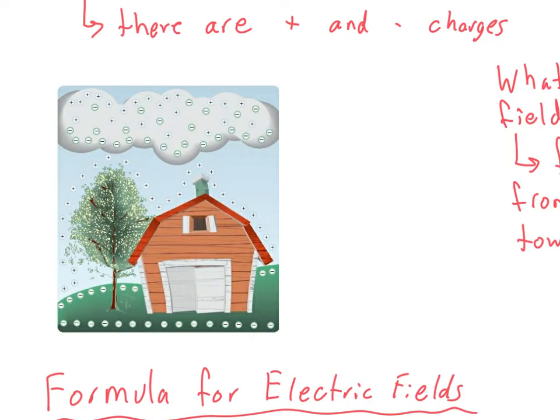We have a cloud up in the sky, and the important thing to realize is that at the bottom of this cloud you see largely negative charges. Relative to those negative charges, the tops of trees and the tops of houses are all relatively positive.